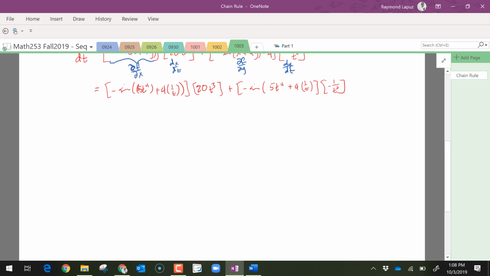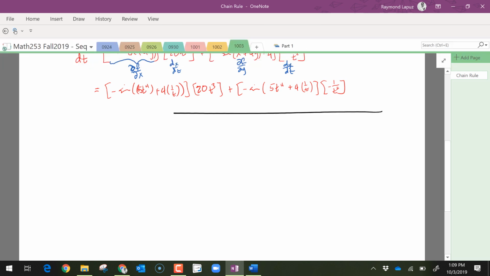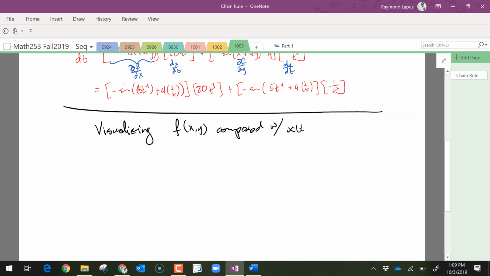So let's visualize this. F of x, y composed with x of t, y of t.